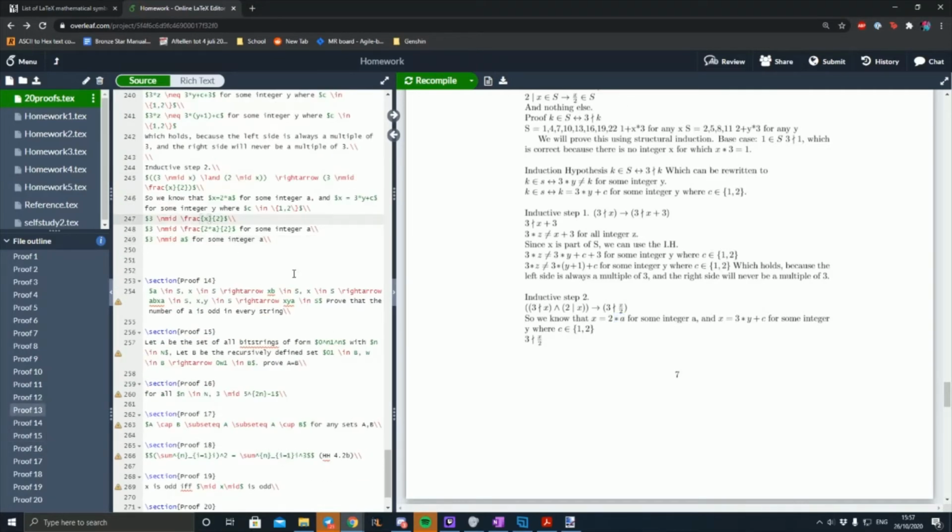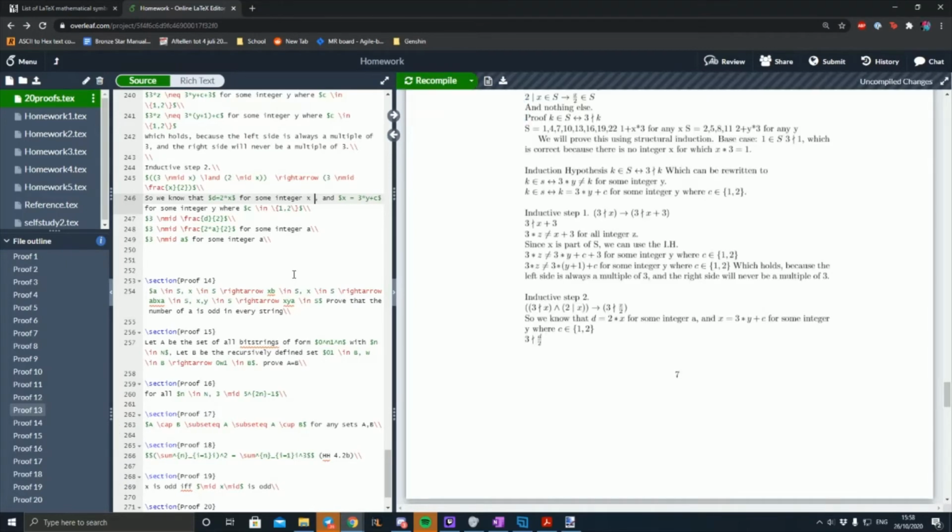So let's say y. No, we already used y. I'm running out of letters. Let's use, we already have c, let's use d. So we have d, which is 2 times x for a number x that is in the set.